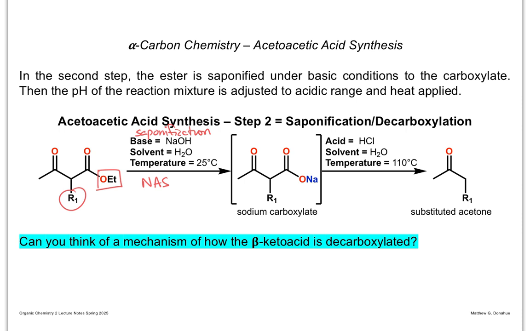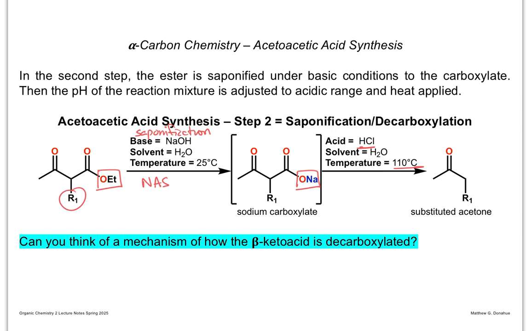Because we're under basic conditions, we form the sodium carboxylate. Once the hydrolysis has completed, we adjust the pH with concentrated HCl, and then you heat it to 110 degrees.